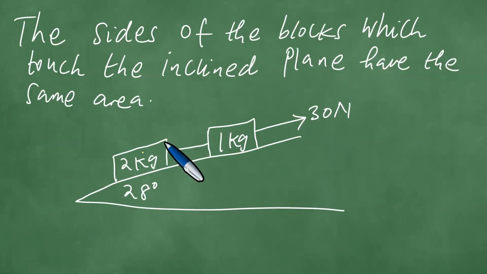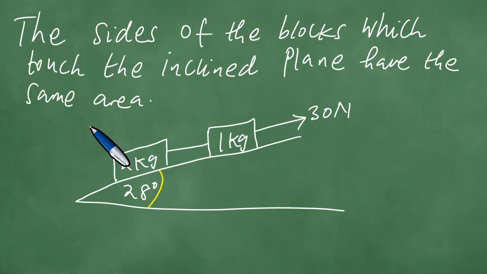So we have these two blocks connected to each other, and they are pulled up by a force of 30 newtons, and the angle here is exactly 28 degrees. The sides of the blocks which touch the inclined plane have the same surface area. Okay, interesting.